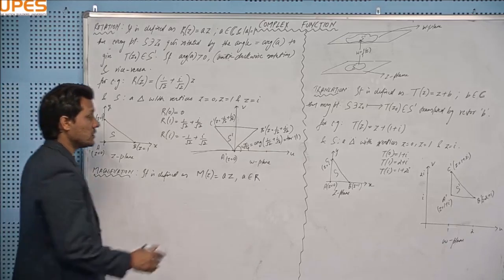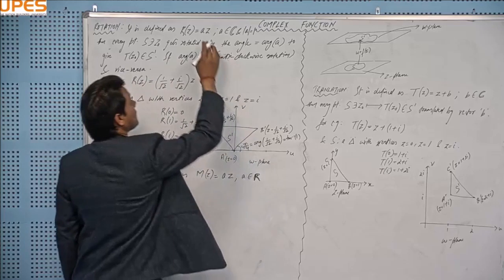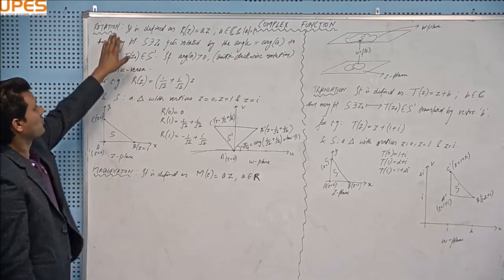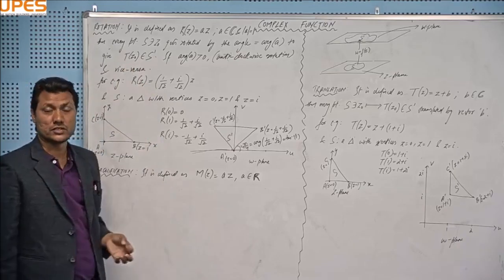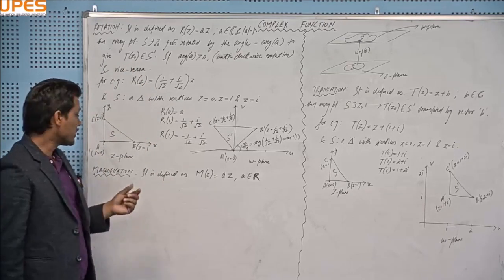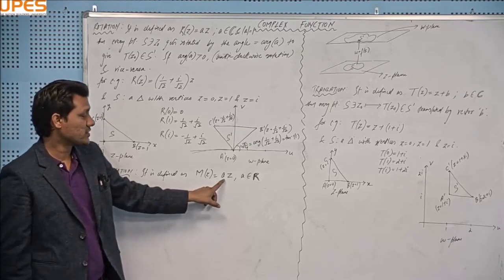It should be a real number. If you allow your a to be a complex number, then that will give me rotation too, means that will be a combined case of magnification as well as rotation. I am discussing here the pure case of magnification, no rotation, right?